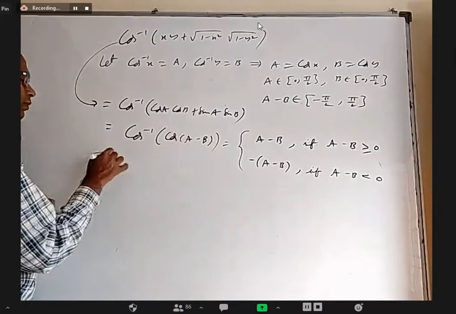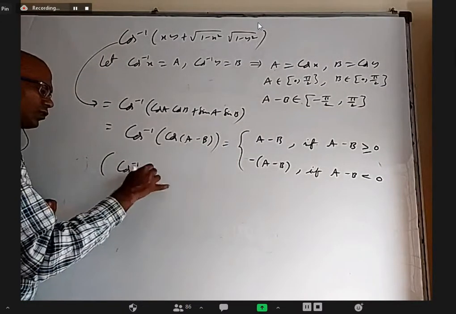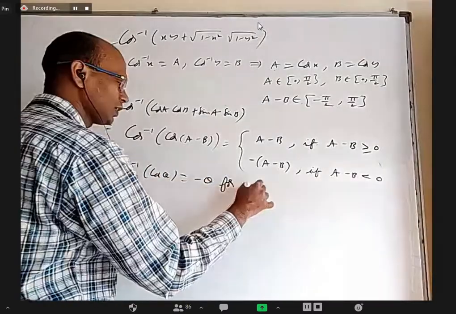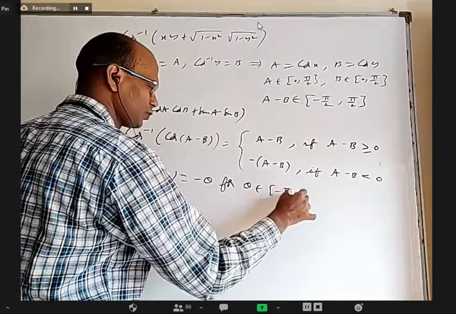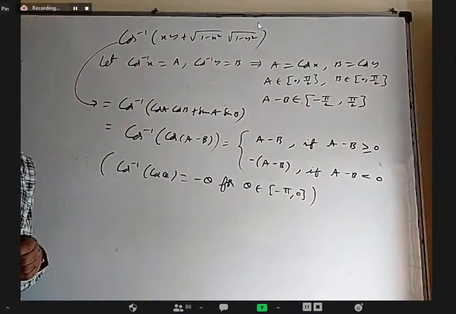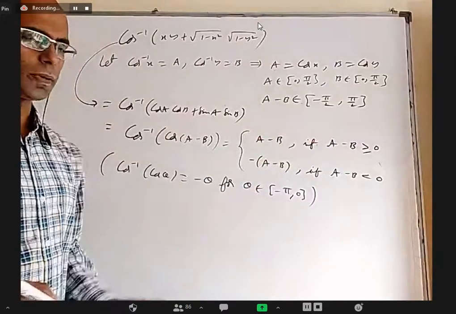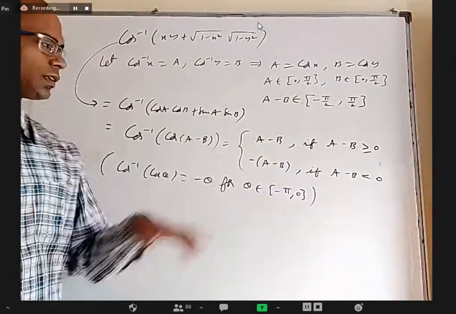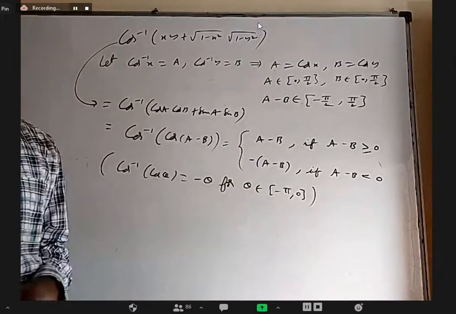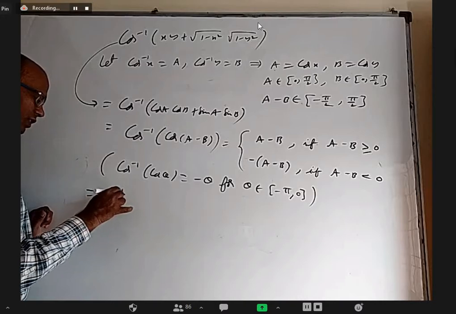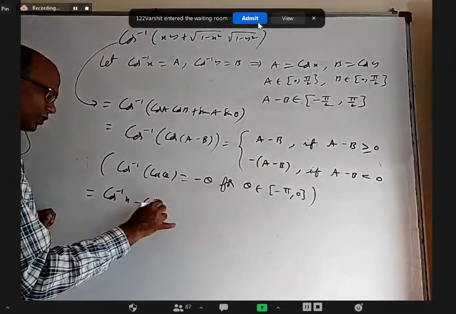This is based on the formula cos inverse cos theta is equal to minus theta for theta belonging to minus pi to 0. That is the second one. The first one is okay: when it is positive, between 0 to pi by 2, the principal values cancel. Now A means cos inverse x and B means cos inverse y.